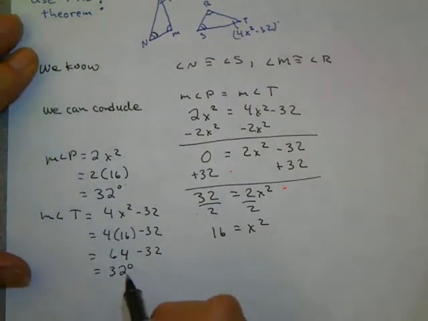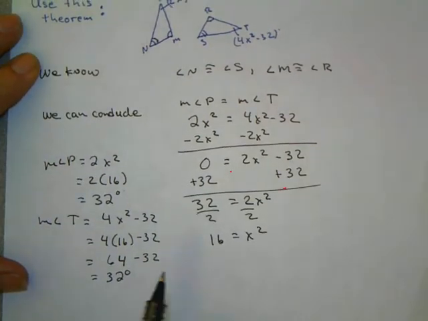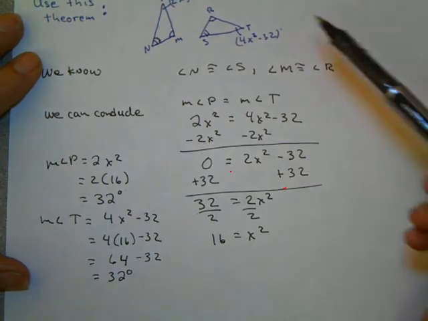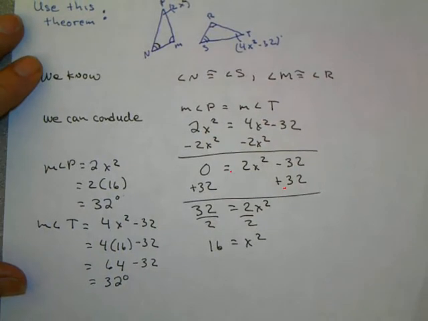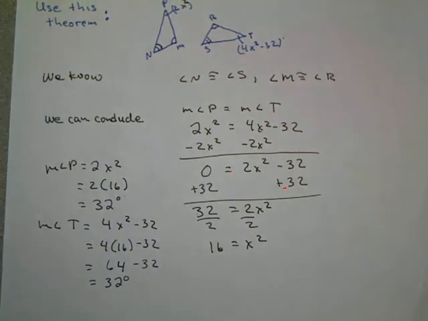And I get 32 for the measure of angle T also, which I should. So, third angle theorem, we use it to find angle measures. If we know two pairs of angles are congruent, we can set that third pair congruent and find them. So hopefully you will find this helpful as you do your homework, and see you in class.